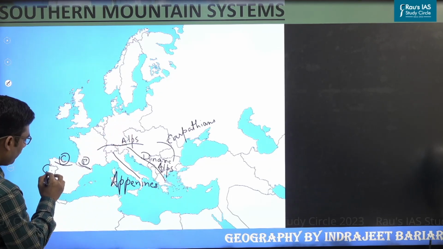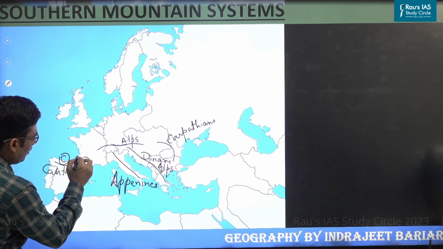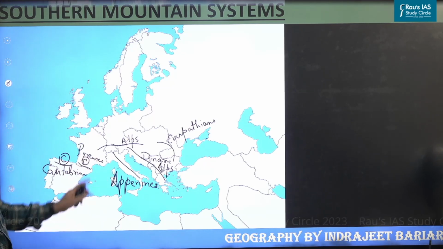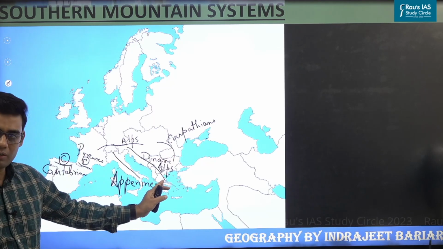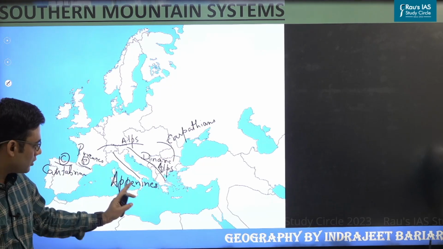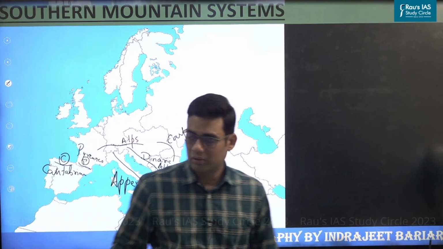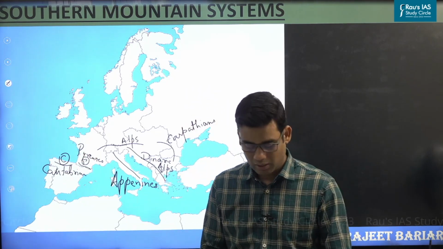So we have the Cantabrian mountains over here, the Pyrenees over here, the proper Alps, the Carpathians. On this side the branch Dinaric Alps, and on this side the Apennines. These are the parts of the alpine mountain system.